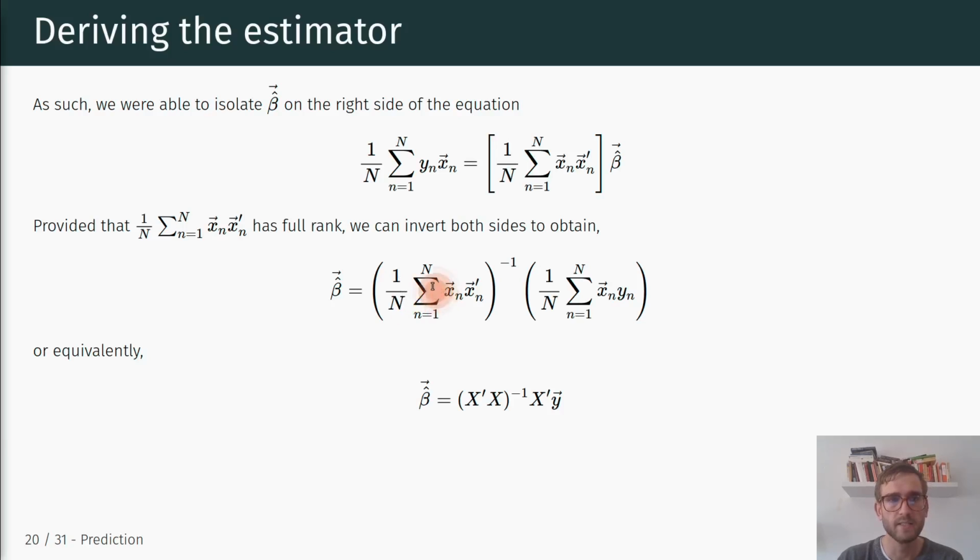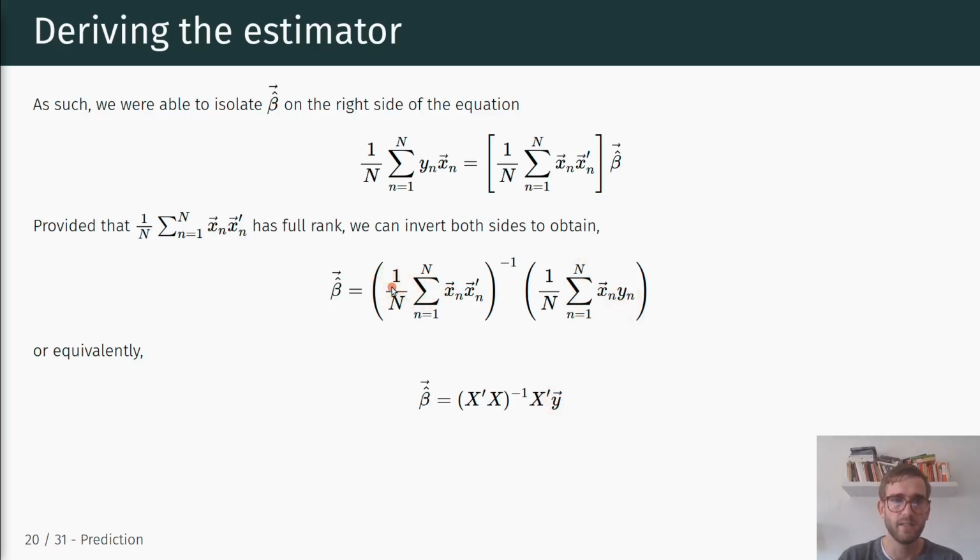1 over n sum of xn xn prime is equivalent to taking the entire x n by k matrix, and since x is n by k, x prime is k by n, so k by n times n by k is again a k by k matrix that is exactly equivalent to this expression up here, and we take the inverse of that, and then multiply this by x prime y. This is equivalent to this part again.